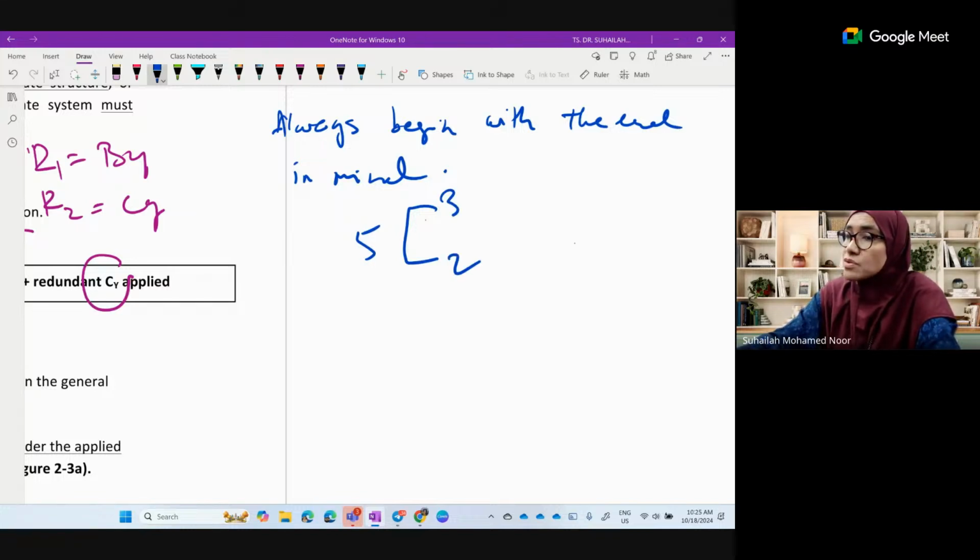These 3 can be solved using equilibrium equations, as the last step, only after we determine the redundants. So to get the last 3 remaining reactions using equilibrium equations, we must first solve the redundants. Redundants will be determined by solving the compatibility equation.